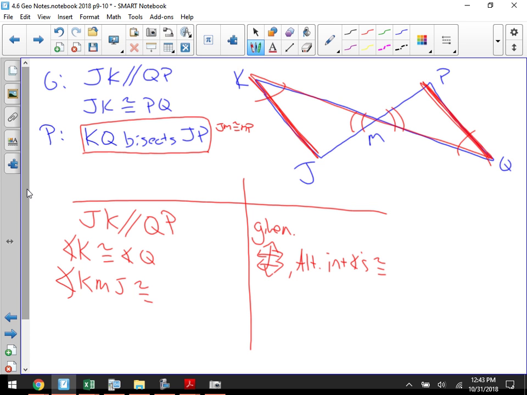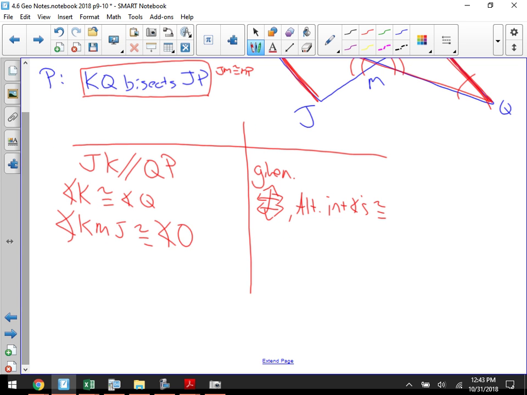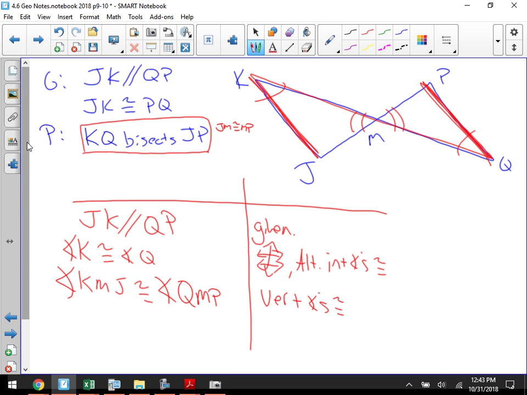QMP, yeah. Remember, you're following the tick marks. Vertical angles congruent. Is it okay that we went out of sequence from our given statement? Yeah. We just remembered that we had another set of angles, we saw it, we wrote it down, and went for it.